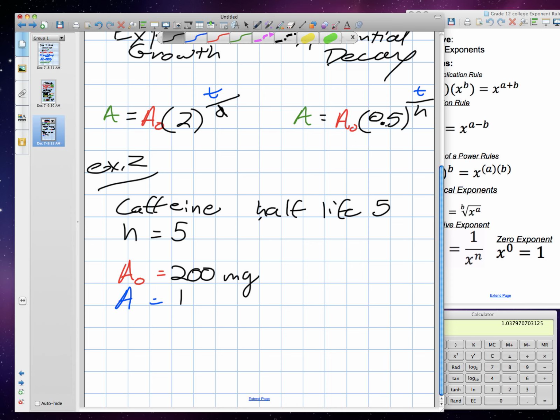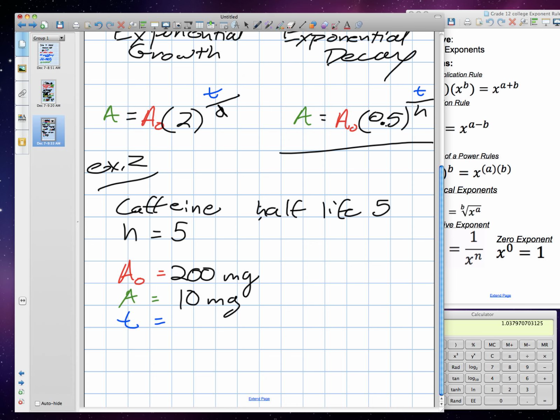So we're using exponential decay, which is this formula here. Oh, I did that in green, not blue. My fault. Try to get the colors the same. So our new amount is A, and we're going to be looking for T. They're asking us for how long it will take. So we're solving for our T variable.